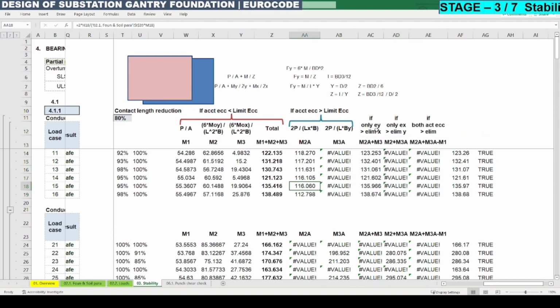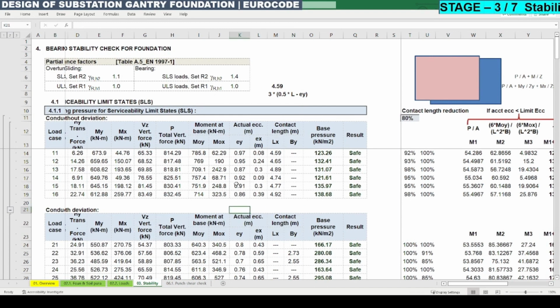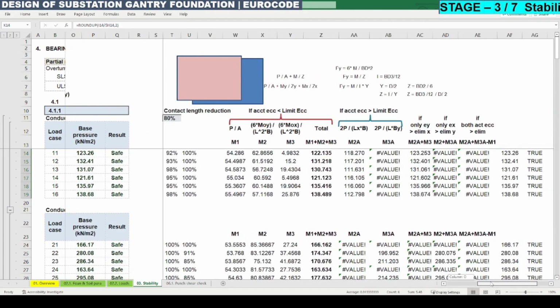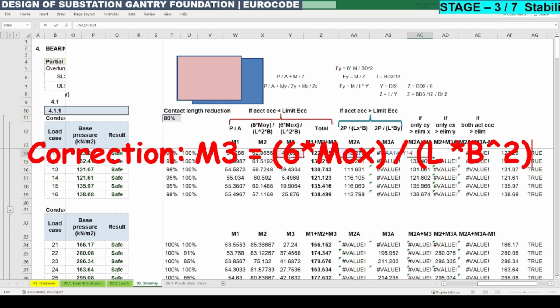So we know that if only Ey, that is the eccentricity about the L direction, the larger direction, is greater than the limiting eccentricity about the same direction, then we need to add these two which are applicable. In the other direction the actual eccentricity is limited within the limiting eccentricity, so we can consider this M3 about the width direction of the foundation.